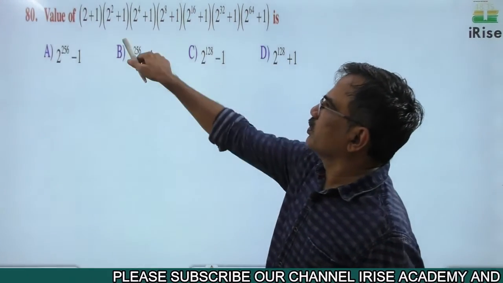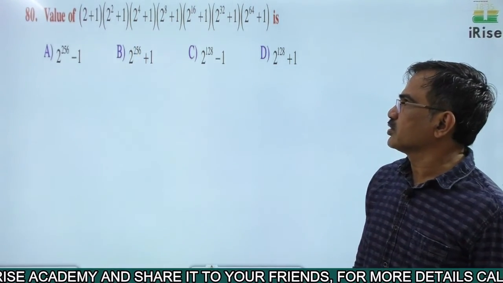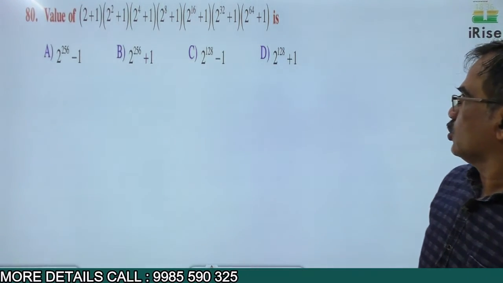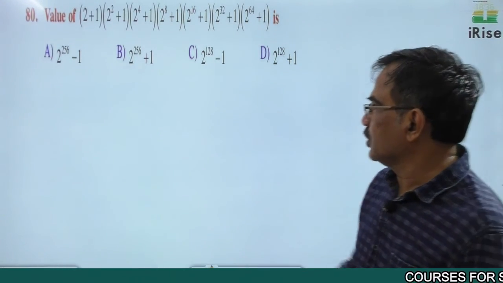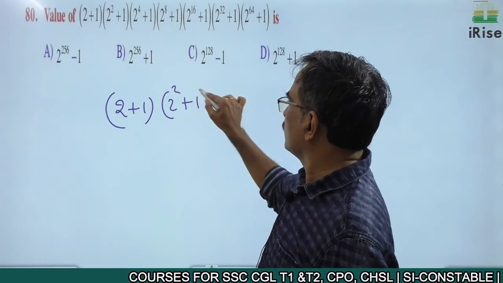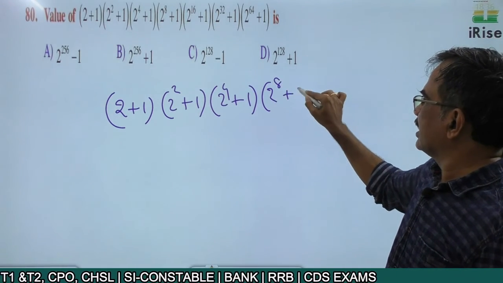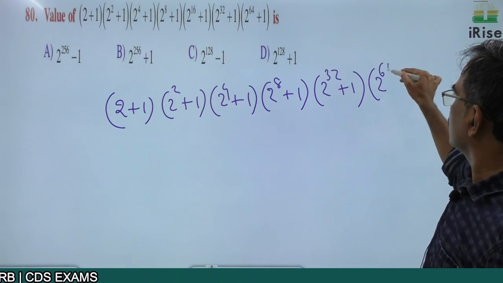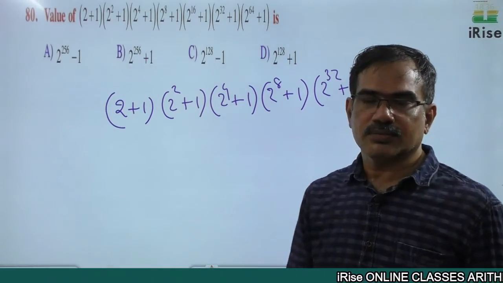What is the value of 2 plus 1 into 2 square plus 1 into 2 power 4 plus 1 into 2 power 8 plus 1 into 2 power 16 plus 1 into 2 power 32 plus 1 into 2 power 64 plus 1? It's a very simple question.